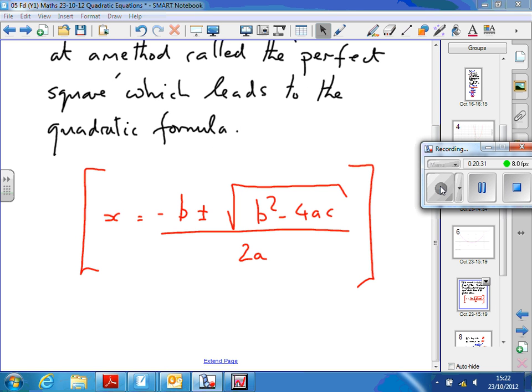Here is the quadratic formula, which I'm fairly sure won't be completely new to you. You will recognize it. So this formula will work for any quadratic equation. It will work for ones where we could have solved it by factorizing. It will work for ones where b or c is 0. It will work for any situation.